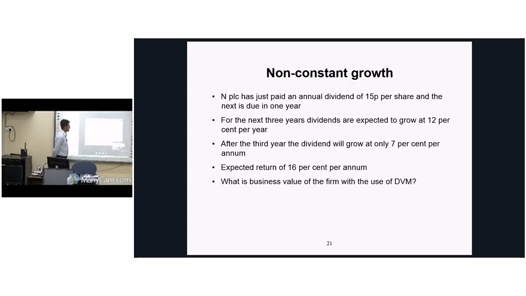Let's try to do this particular question. If you look at it, they have given an annual dividend. They have given the growth rate for the next 3 years, and after that another rate. If that's the case, how are we going to calculate the valuation model?